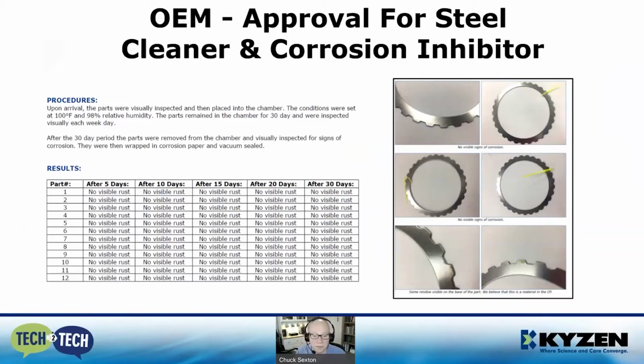Now, these are the clutch plates that I mentioned a couple slides back. And in this case, we used the customer's specs for the humidity chamber of 100 degrees Fahrenheit, 98% humidity for 30 days and no rust. And if you pass this test, you can make parts in China and put them on a ship and send them to the US without a corrosion problem.